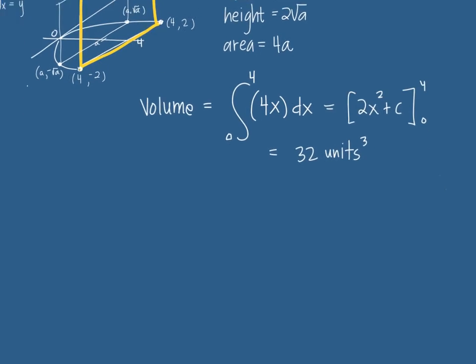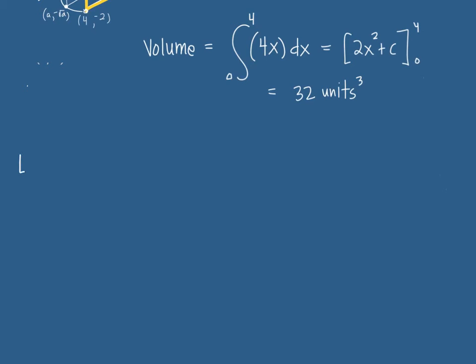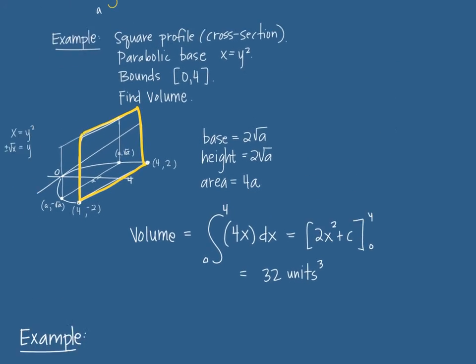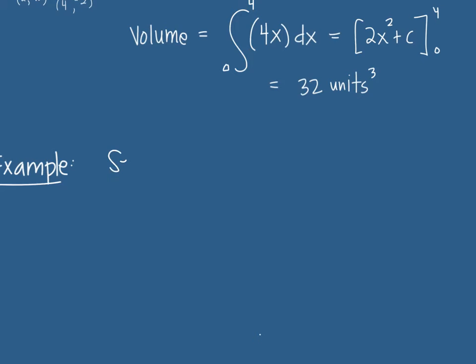All right, let's try it with the semicircle one. Like I said, you find me area, I can find you volume. All right, so let's do the same. We're going to do a semicircle profile. Okay, so semicircle cross section.